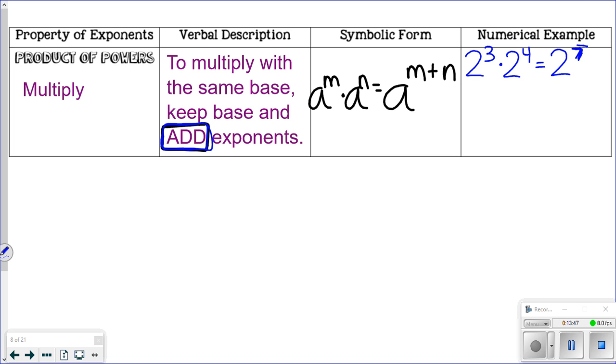So it would be 2 to the 7th power. And you can leave your answer like that. If I type this into my calculator, though, I can get a large number. 2 to the 7th power is 128. So you could also write equals 128, but I'm going to leave it like that for right now.